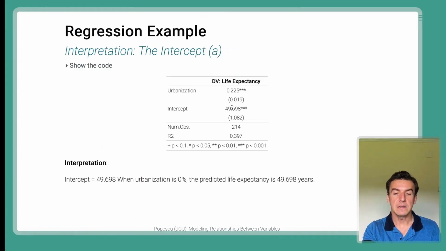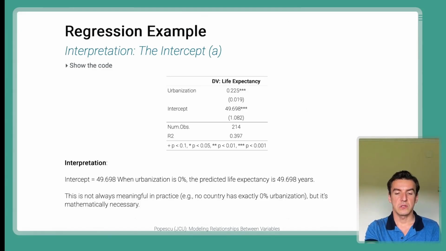Okay, finally, the intercept. Remember that we calculated this 49.69, which is really the a, the alpha. So what does this mean? This means that when urbanization is 0%, the predicted life expectancy is 49.69 years. This is how we interpret the intercept. Of course, in practice, this may not always be meaningful.